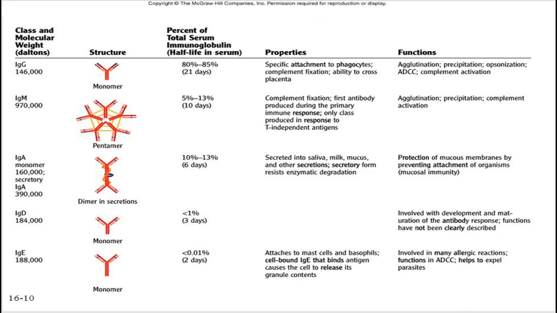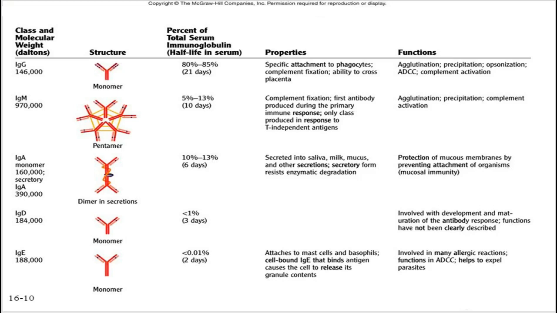So IgG is the most common antibody. It is a monomer, so it's composed of a single Y unit. It lasts about 21 days in the serum, and it makes up 80 to 85% of the antibody that is found in blood serum. It has a number of different properties and functions. So it specifically attaches to phagocytes.